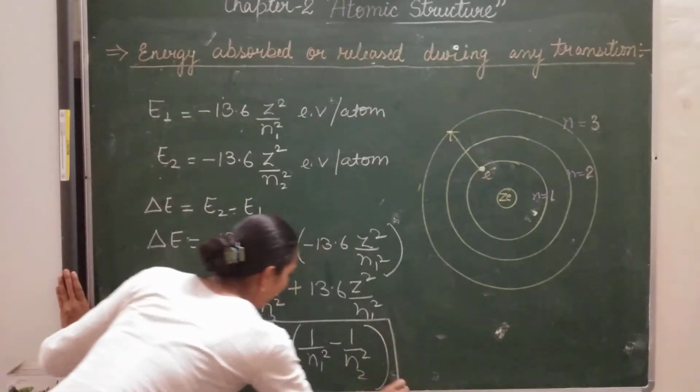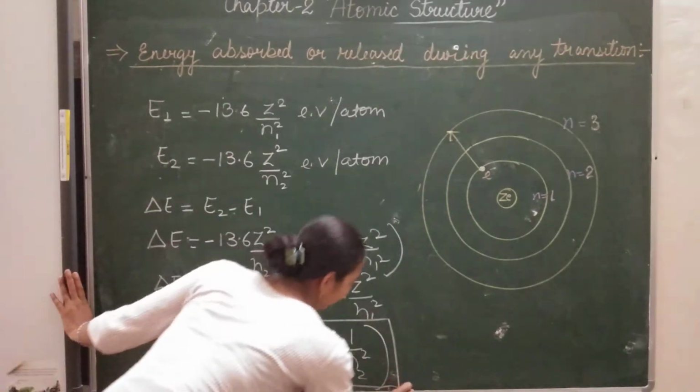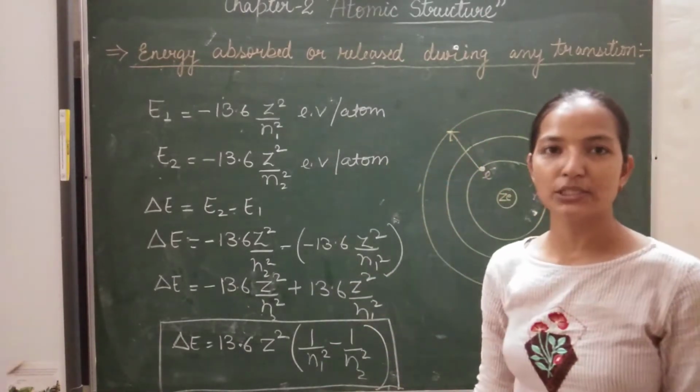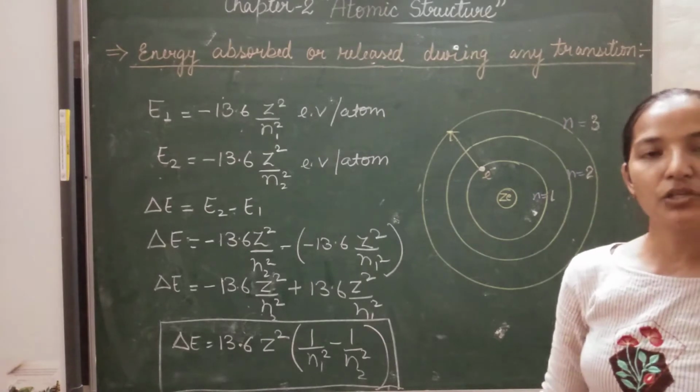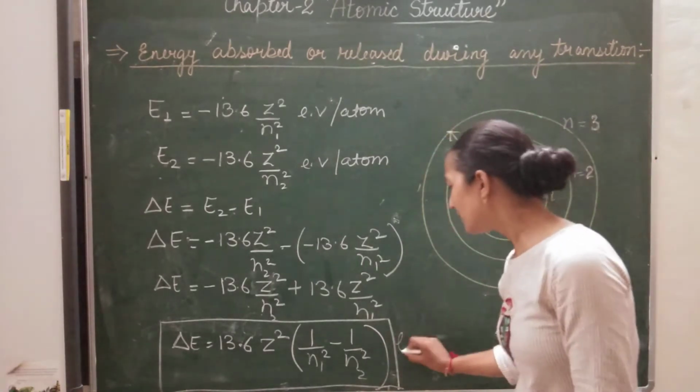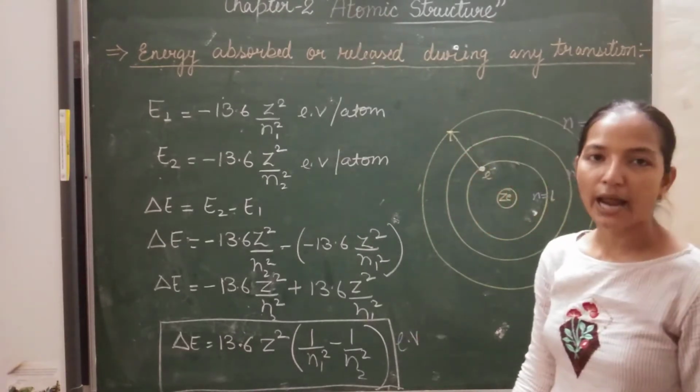This is the formula for calculating the amount of energy absorbed or released during the transition of an electron from one stationary orbit to the other. This is the energy in electron volt per atom.